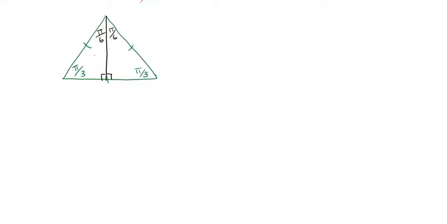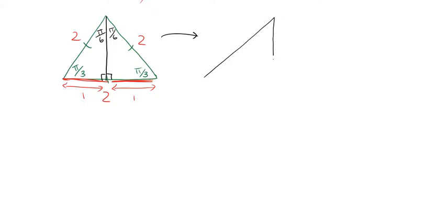Okay, if I said each of my side lengths in my equilateral triangle was 2, then this side right here and this side would each be equal to 1, since it's split right down the middle. So if I just take half of that triangle and draw out the 90 degree side, what I've got is a pi over 3 angle and a pi over 6 angle, with a hypotenuse of 2.